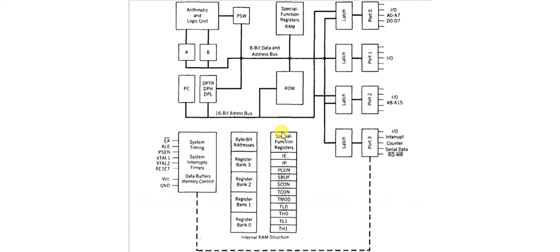So how these separate blocks or this internal hardware works will require a separate video lecture, but I think this information is sufficient to understand the overall architecture of the 8051 microcontroller. Okay, but the internal hardware blocks we will study separately.